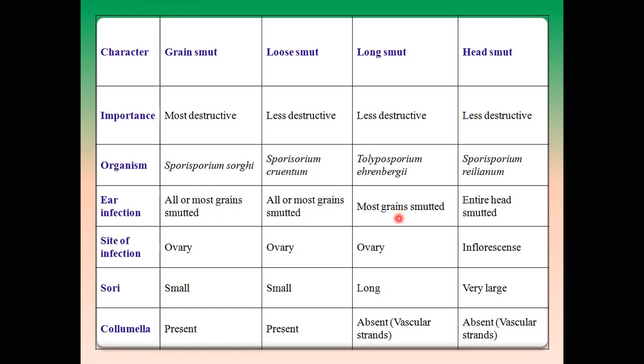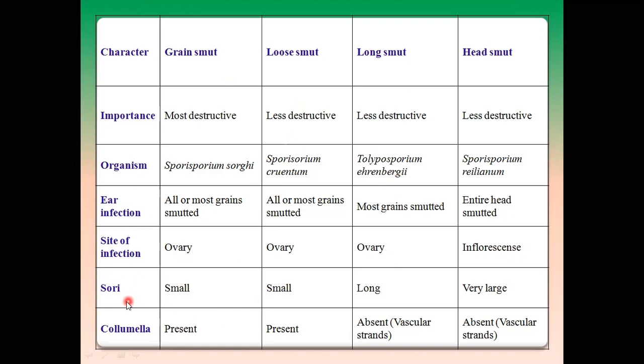But in loose smut, all the florets or all the grains are converted into smut sori. And regarding the head smut, the entire earhead is converted into a large ovary-like structure. Then site of infection: the pathogen infects the ovaries in grain smut, long smut, and loose smut. But in head smut, the pathogen infects the flowers or the inflorescence.